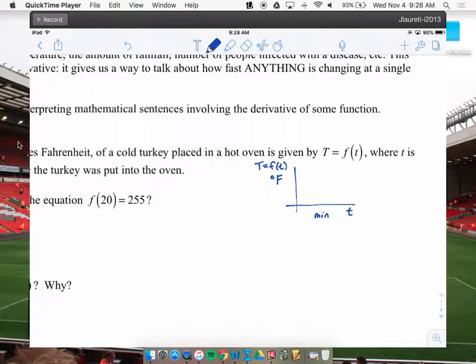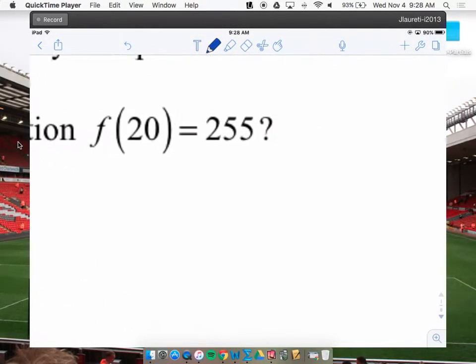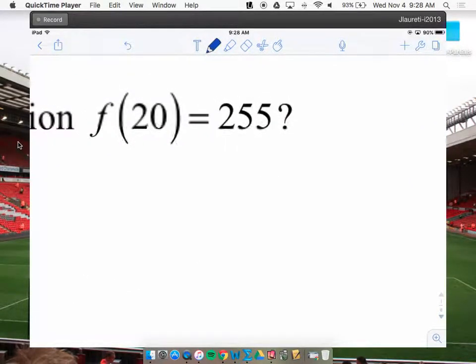So it asks, what is the meaning of the equation f of 20 is equal to 255? Again, you have f of t is equal to the temperature. So what does the 20 represent inside the parentheses? Minutes, right? And then the 255 is temperature.